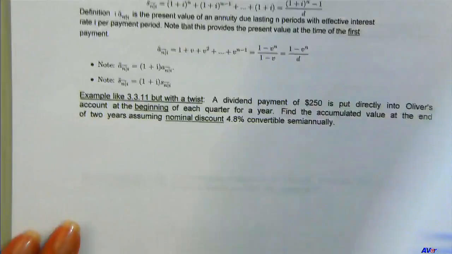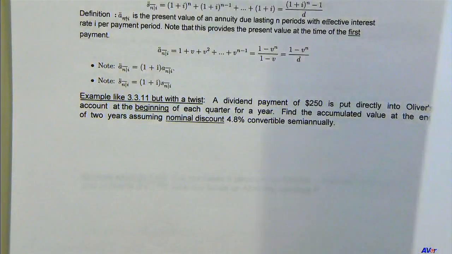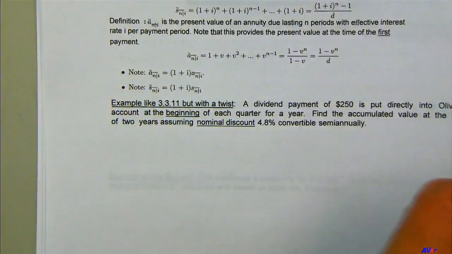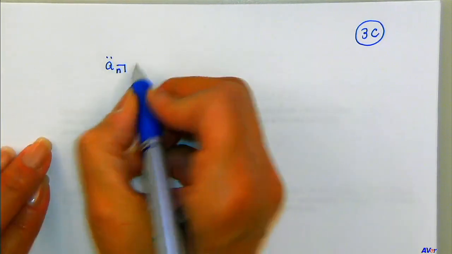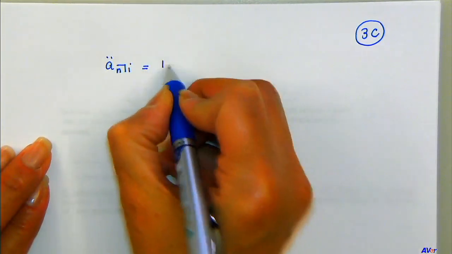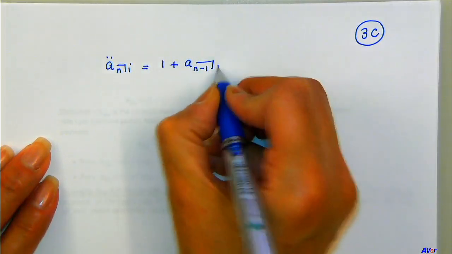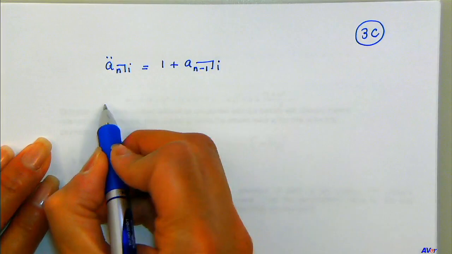So then, page 3C. A double dot angle NI is equal to 1 plus A angle N minus 1 I. Let's draw a picture.